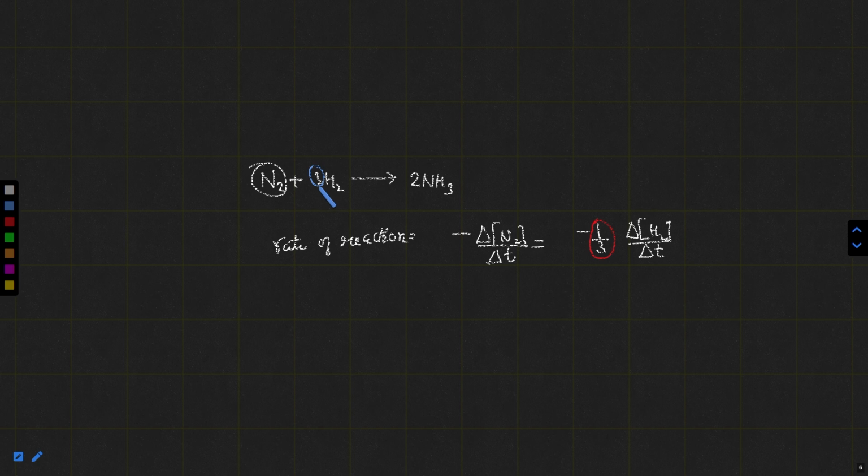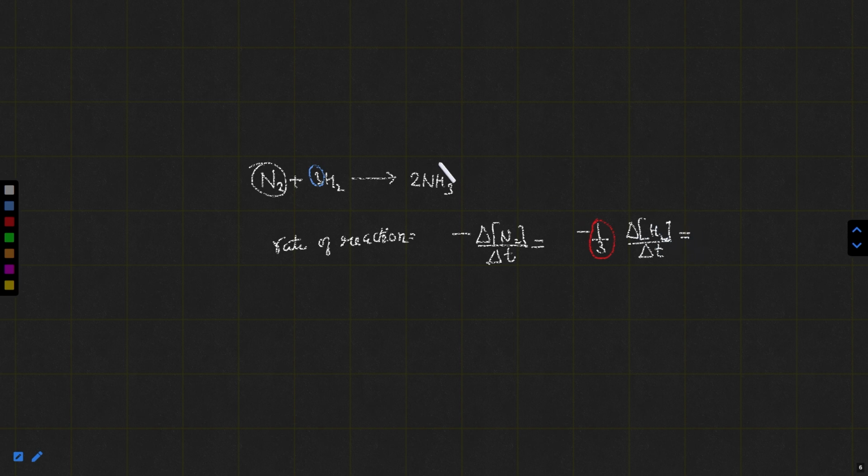If the coefficient is not the same, or not unity, then we have to multiply the rate of appearance or disappearance of that reactant whose stoichiometric coefficient is not 1 by the reciprocal of its stoichiometric coefficient. So I have done this for delta H2.